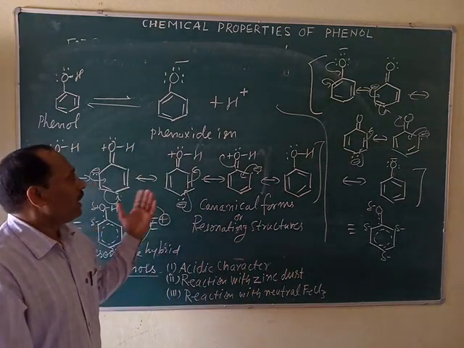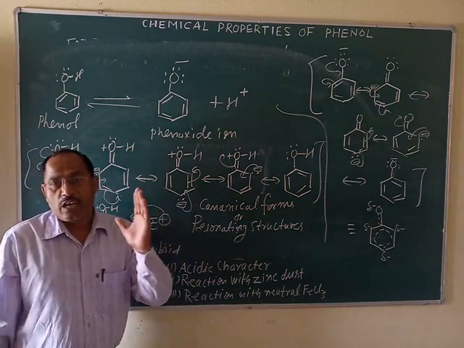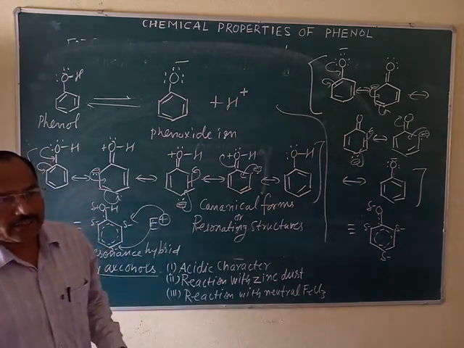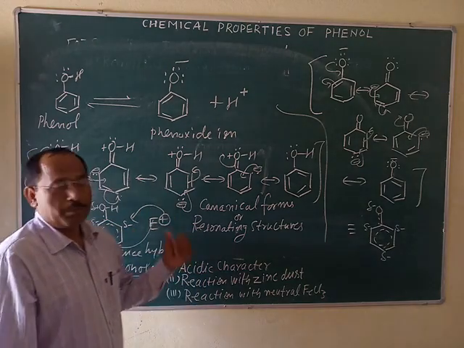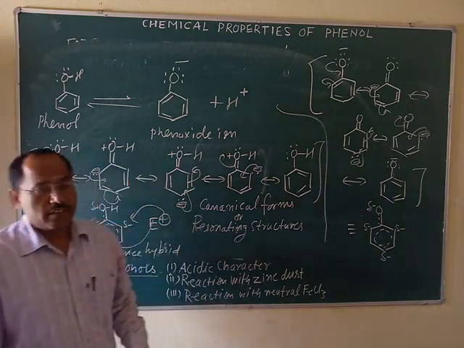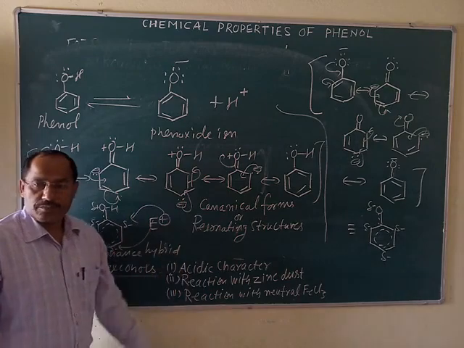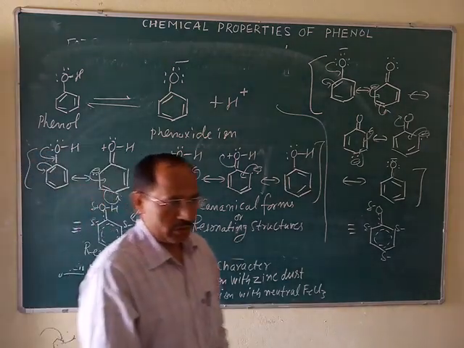That's why all electrophilic substitution reactions like halogenation, nitration, sulfonation, Friedel-Crafts alkylation and Friedel-Crafts acylation take place only at the ortho and para positions.